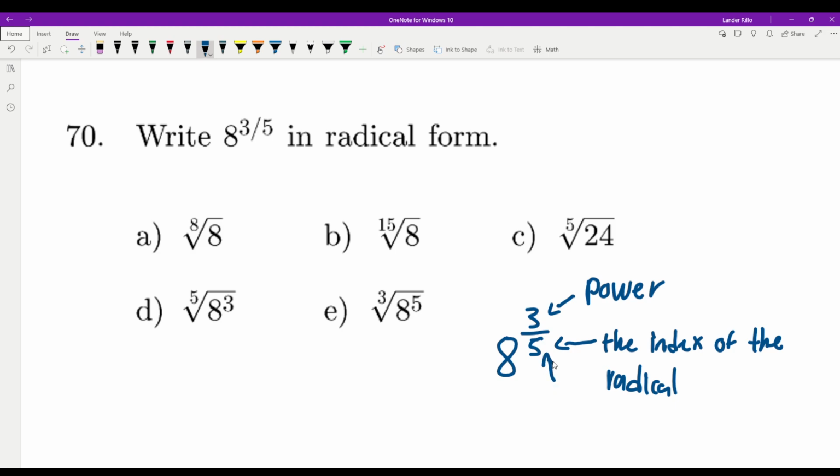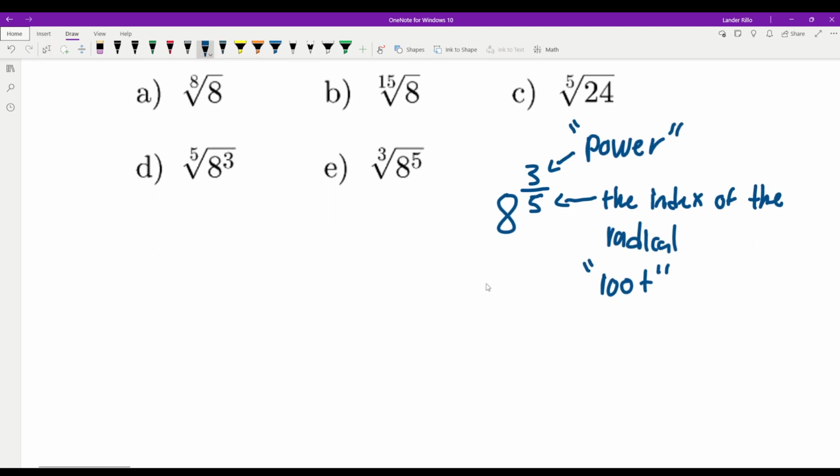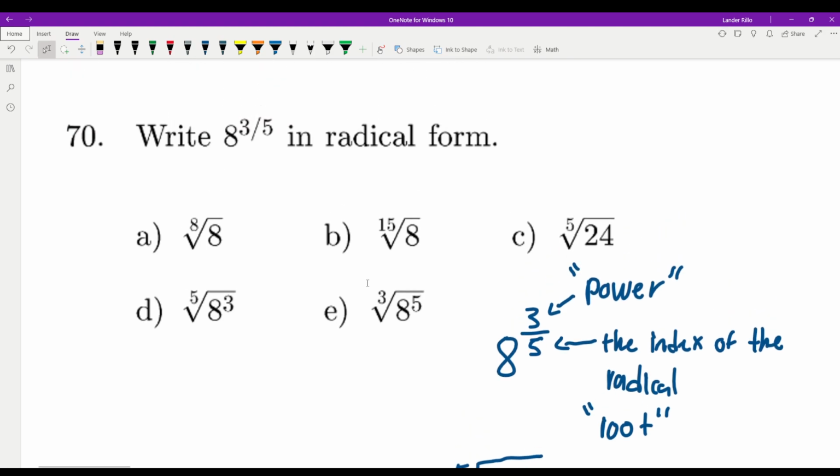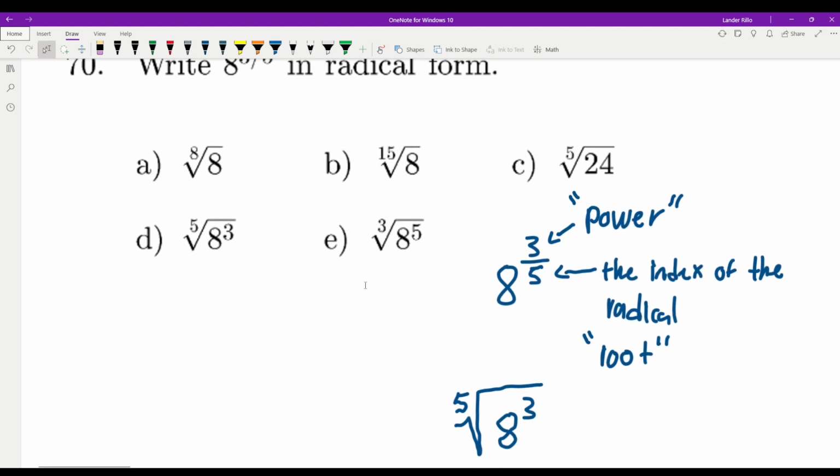And what's in the bottom, I usually think of as root. That helps me understand what's happening. 8 to the power of 3, and the root, what's at the bottom, 5. Okay, does that make sense? So that should be D.